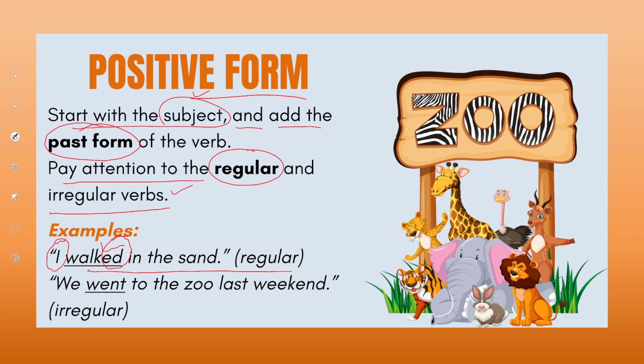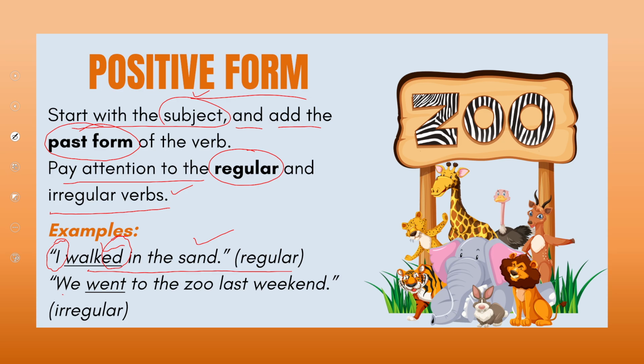So if somebody asks you what kind of verb is it, you will say it's a regular verb. And what kind of tense is this? It's a simple past tense in the positive form.